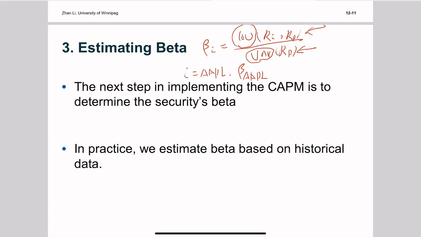In reality, we will not directly calculate covariance and variance. In reality, when you have historical data, we will use a procedure called regression.